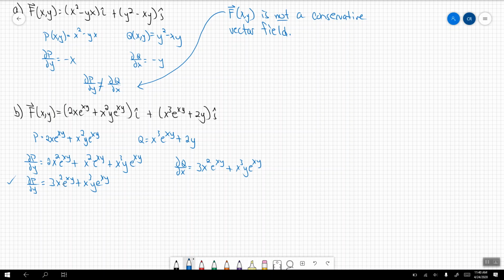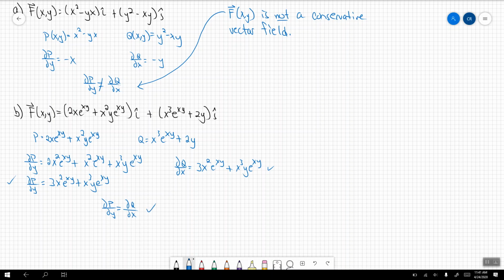Oh, hey, look, 3x squared e to the xy plus x cubed y e to the xy plus x cubed y e to the xy. Which means these partial derivatives are in fact equal to one another.